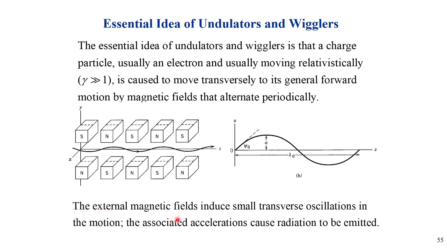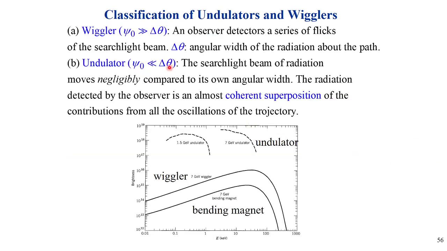The external magnetic fields induce small transverse oscillations in the motion. The associated acceleration causes radiation to be emitted. So that's the angle of the particle motion. Okay, so what's the difference between an undulator and a wiggler?